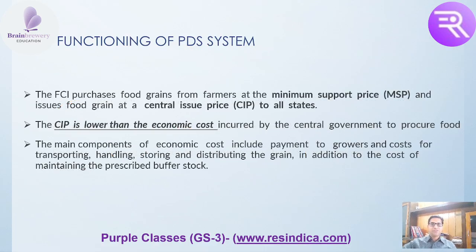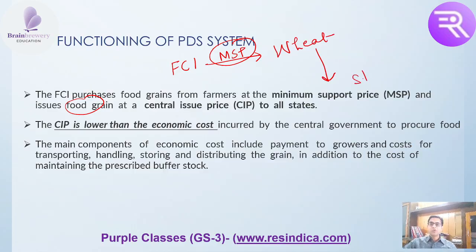Okay, so FCI purchases the food grain at MSP. Then it issues the food grain. Like if this is wheat, then this wheat is allocated to the state at CIP, the central issue price.